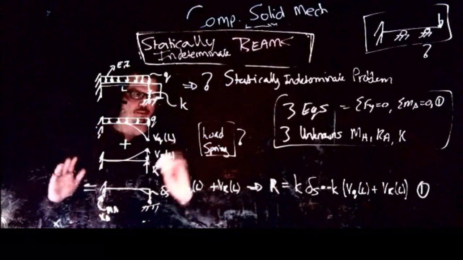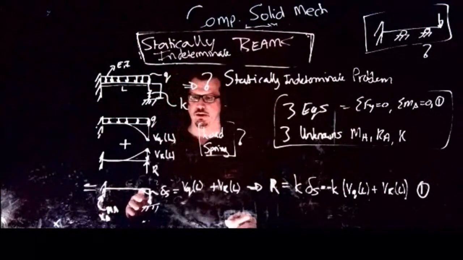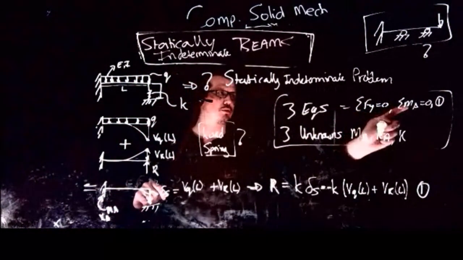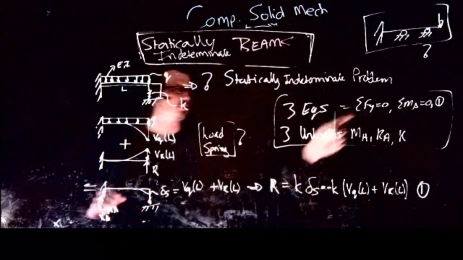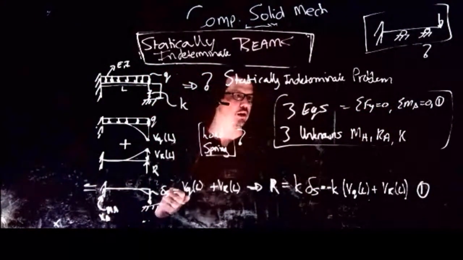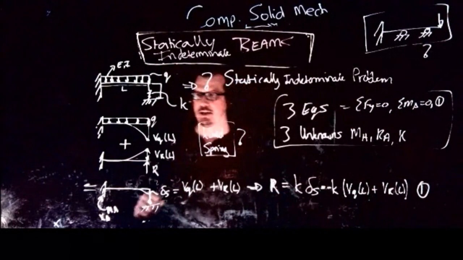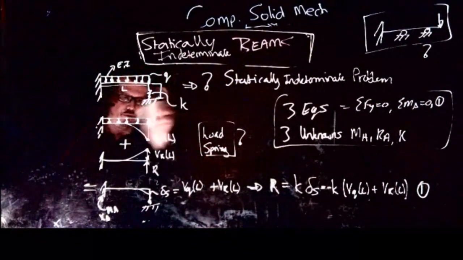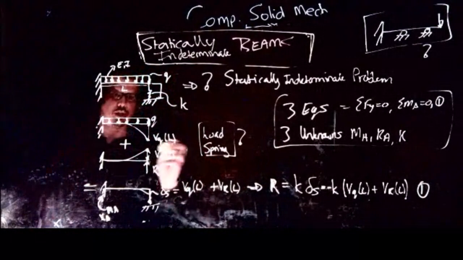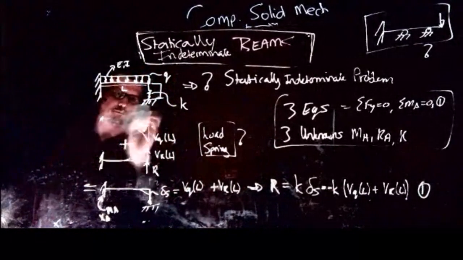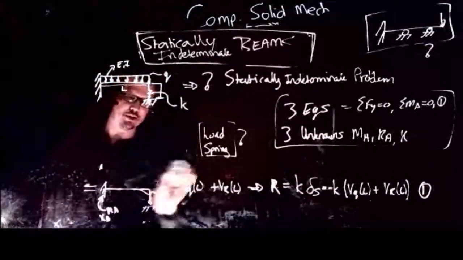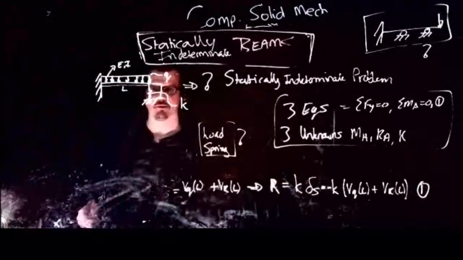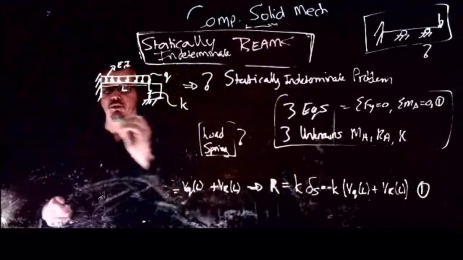So I'm going to clean up the board a little bit so that we write down the equations nicely. What are our sum of forces in Y equal to 0, sum of moments around A equal to 0, and then this equation that we have here. Let's write down our system of equations. First off, all of this is stuff that we understand quite well, so I'm going to wipe this off. This was our linear superposition that we employed there. Let me write down our first equation.